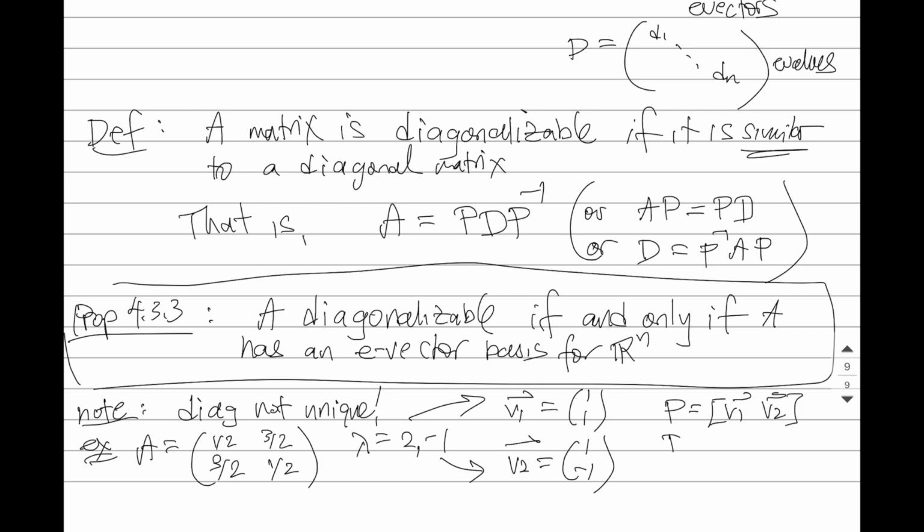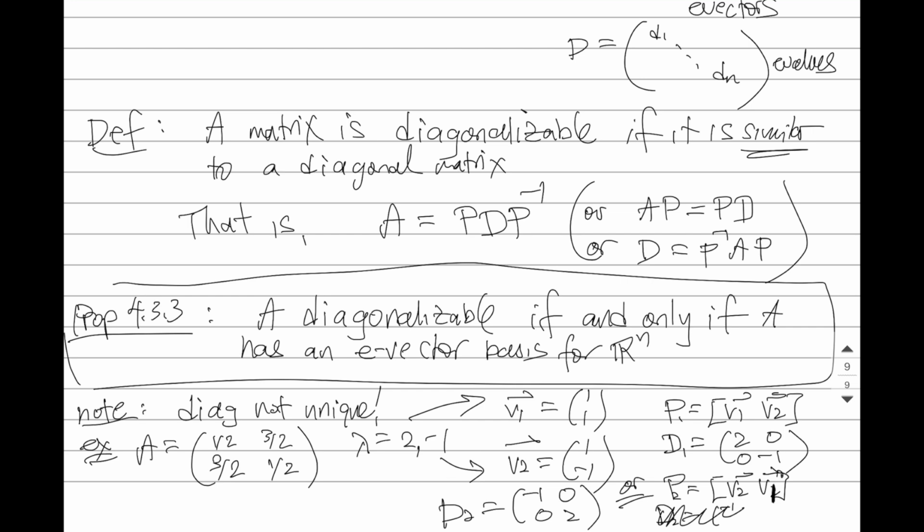You could choose P to be V1, V2, and D to be 2, 0, 0, negative 1. Or you could say, well, I'm just going to put them in different orders: V2, V1, and D is negative 1, 0, 0, and 2. So the key to understanding diagonalization is that you are switching into an eigenvector basis for your matrix.